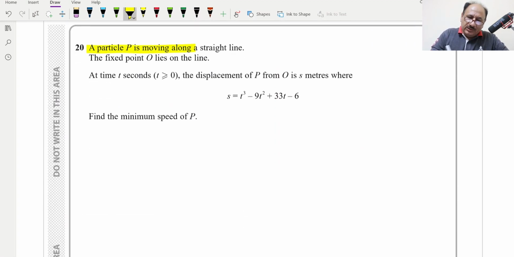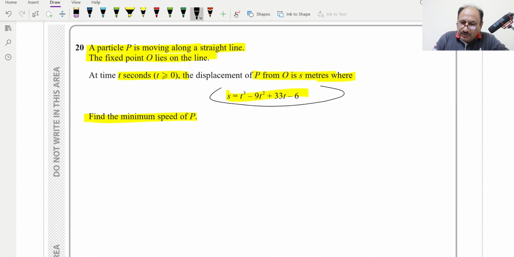A particle P is moving along a straight line. The fixed point O lies on the line. At time t, which is greater than 0, the displacement of P from O is s meters, where s is equal to this expression. Find the minimum speed of P. For the minimum speed, we'll be taking the derivative.